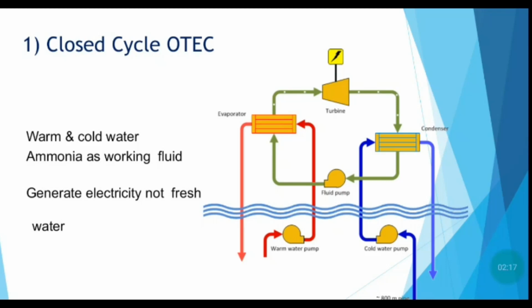The condensed working fluid is pumped back to the evaporator to repeat the cycle. The working fluid remains in a closed system and circulates continuously. The heat exchangers are a large and crucial component of the closed cycle power plant, both in terms of actual size and the capital cost.